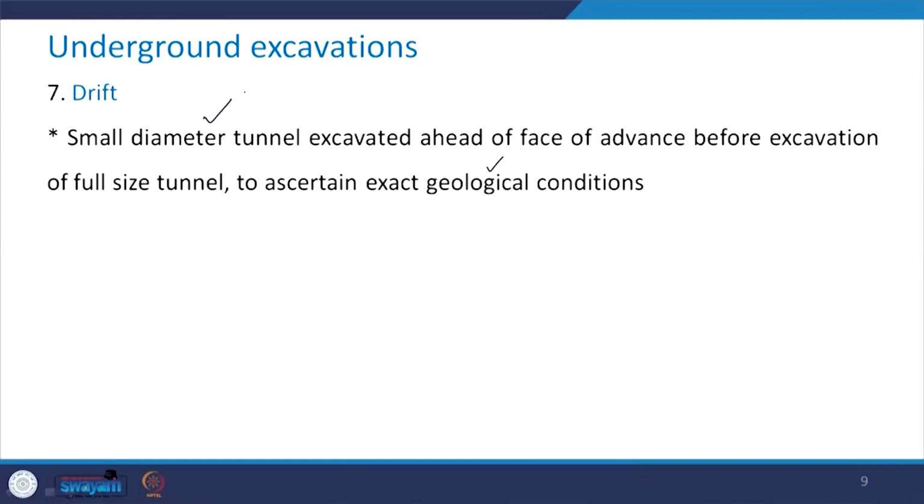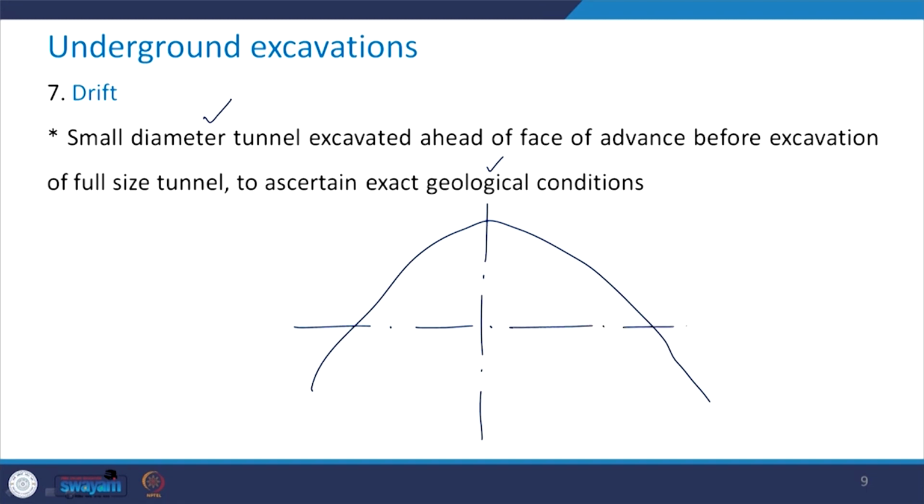So see, this is how it looks like. So I have here a ridge line and say this is your hill and this is say the axis of the tunnel.